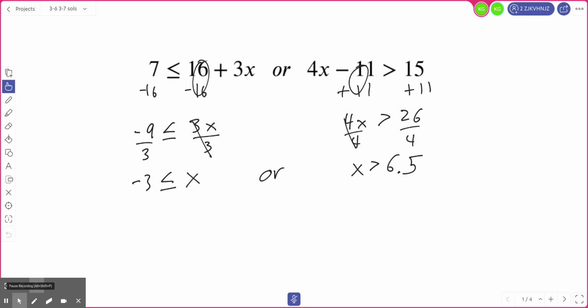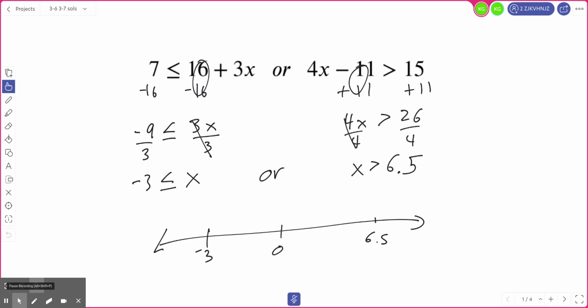So the correct answer here is negative 3 is less than or equal to x, or x is greater than 6.5. Just to be thorough, on a number line, negative 3, 0 would be in the middle, 6.5 would be over here.